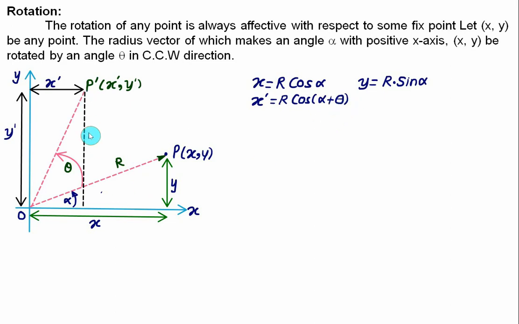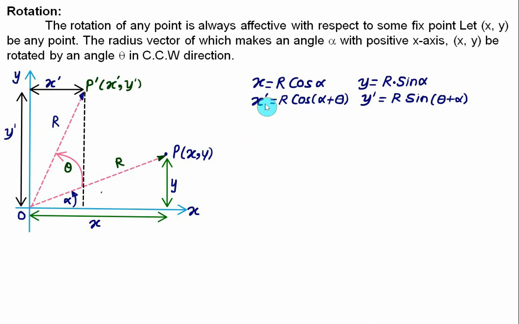Whereas this side, which is opposite to alpha plus theta, we can write y prime as r multiplied by sine of theta plus alpha. Due to rotation the radius will not change, so r prime and r are one and the same.